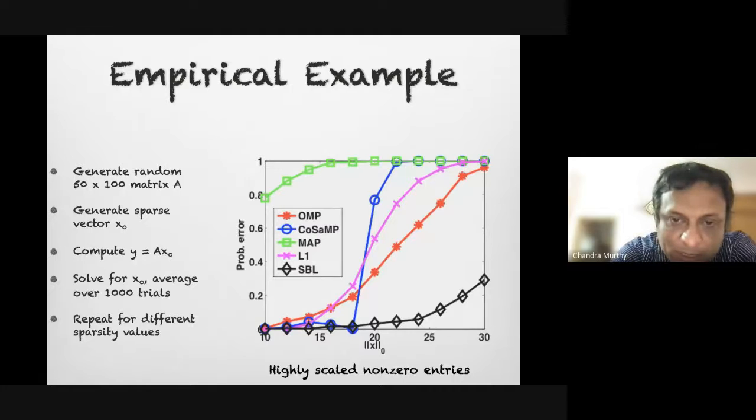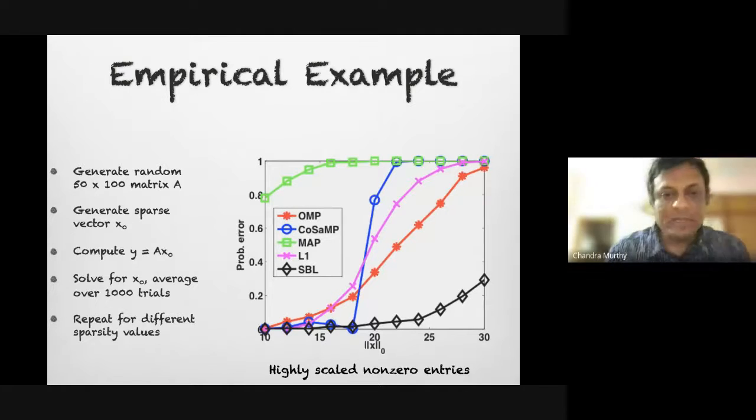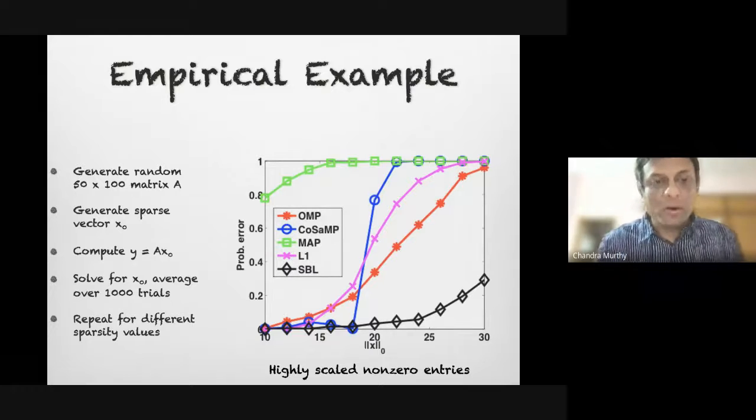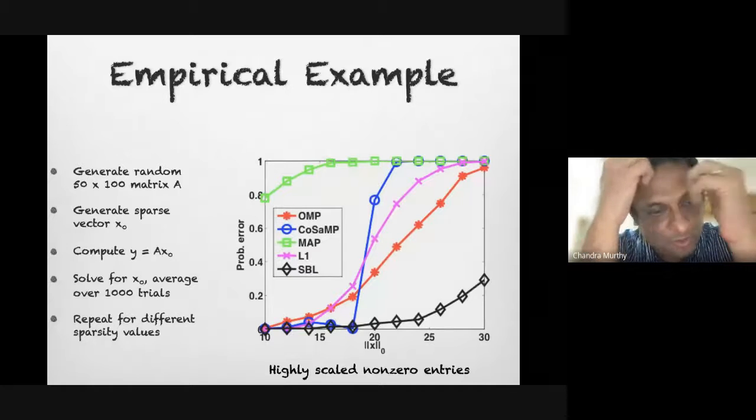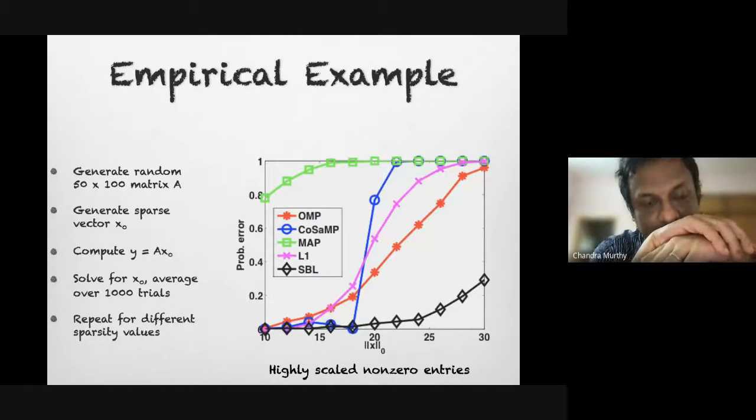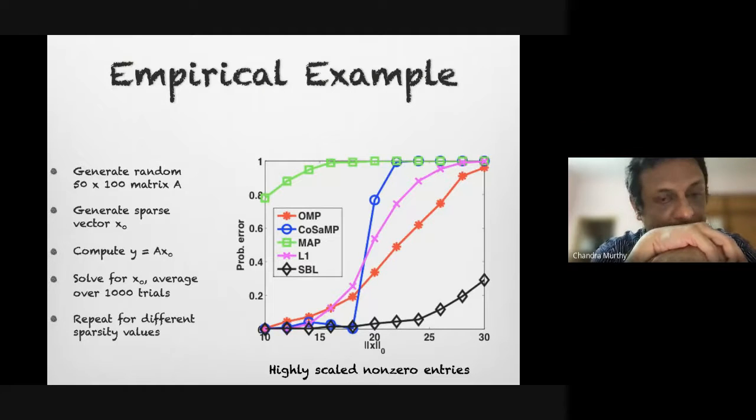But it turns out, and I'll talk a little bit more about this later in the slides, that sparse Bayesian learning is a special case of a general class of algorithms you can derive through an approach known as covariance matching. Essentially what you're trying to do is to match the covariance that you're obtaining from your observations with the covariance you will get from your model. And in order to match the covariance, you need to take a notion of distance, and different notions of distances will lead to different algorithms.